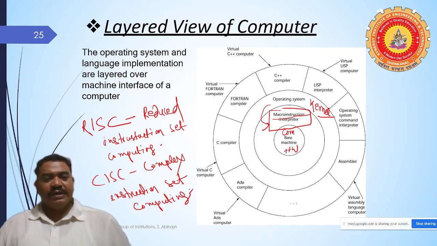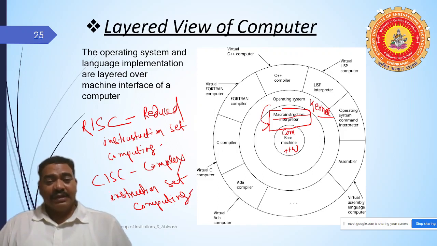In complex instruction set computing, a huge number of instructions are there. In reduced instruction set computing, only 7 or 8, or a maximum of 10 or 12 instructions are there, and all the programs have to be written using those instructions.